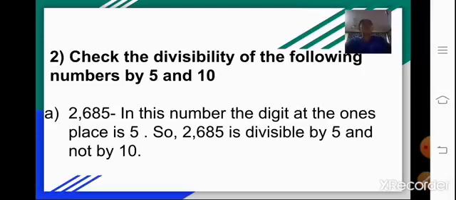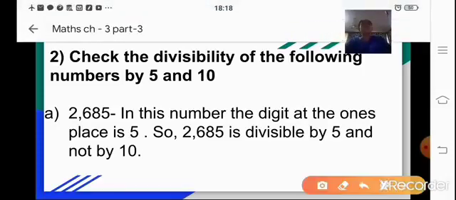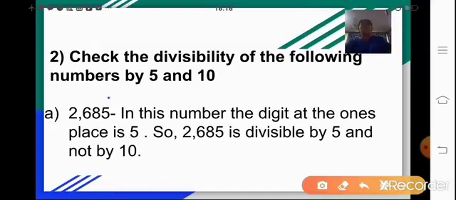Whereas in this number, that is 2,685, the number in the ones place is 5. So this number is divisible by 5 but not by 10. Why not by 10? Because the number is not 0 in the ones place. Okay, the number is 5. So it is divisible by 5 but it is not divisible by 10.